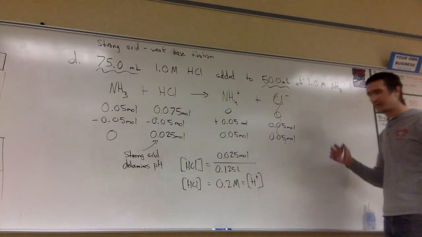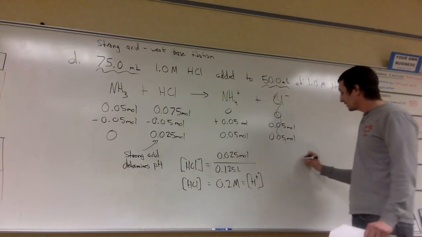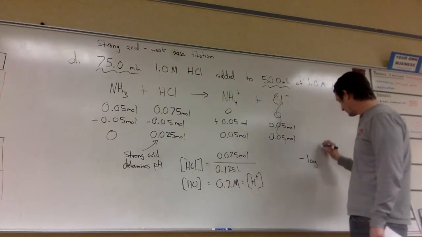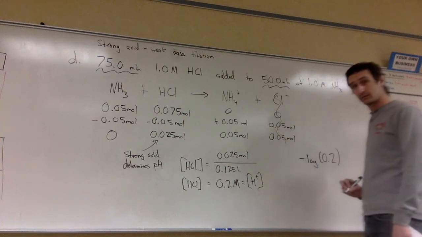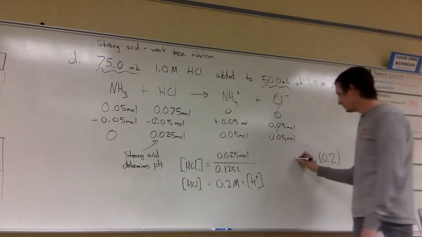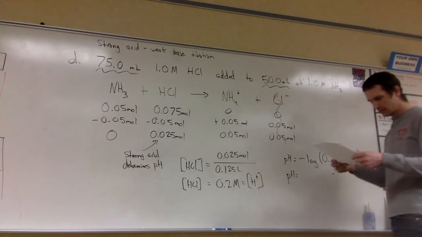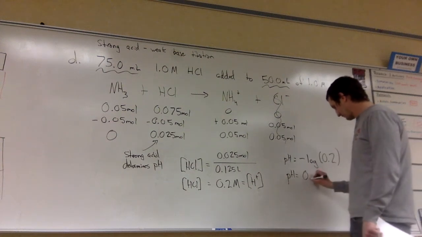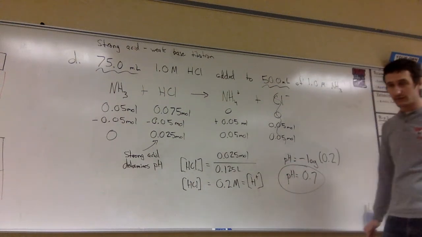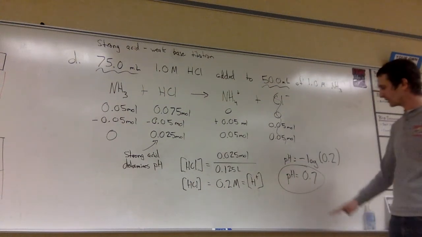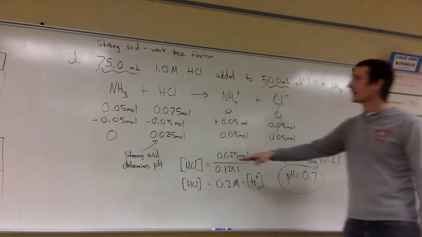And so I'm going to calculate that pH then just by taking negative log of hydrogen ion concentration, negative log of 0.2 is equal to 0.07. In other words, this is a very acidic solution as a result of that excess HCl in solution.